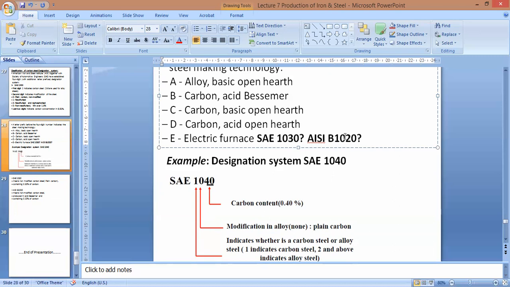And then the 2 and the 0, the last 2 digits here symbolize carbon content. Remember what we said about carbon, it can't be more than 7%. In our earlier example, we had 40, meaning 0.40. So for this one, it would be 0.20.